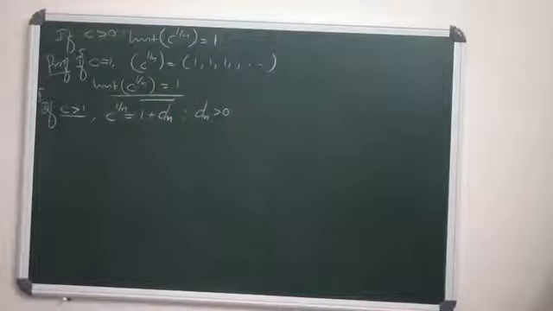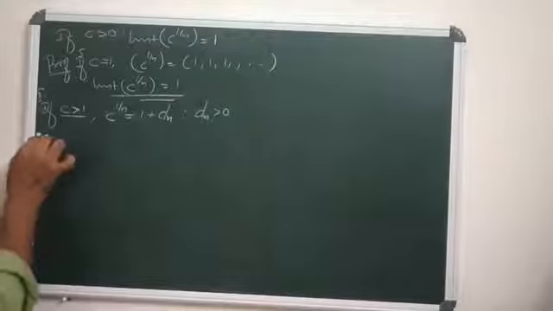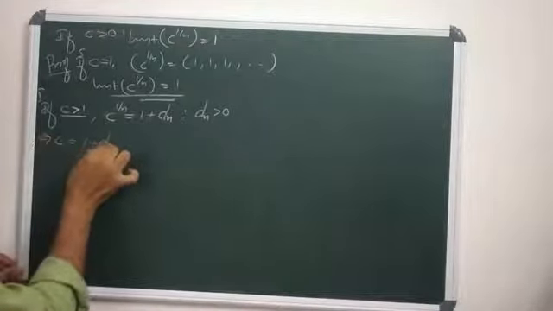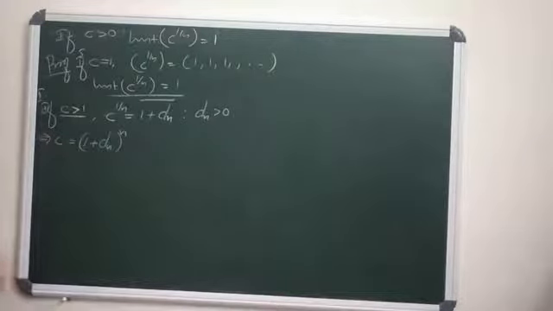Okay. When c greater than 1, c power 1 by n is some 1 plus dn, where dn is a positive real. Agreed? So from here, what is c? Take nth power, it is 1 plus dn, all power n.